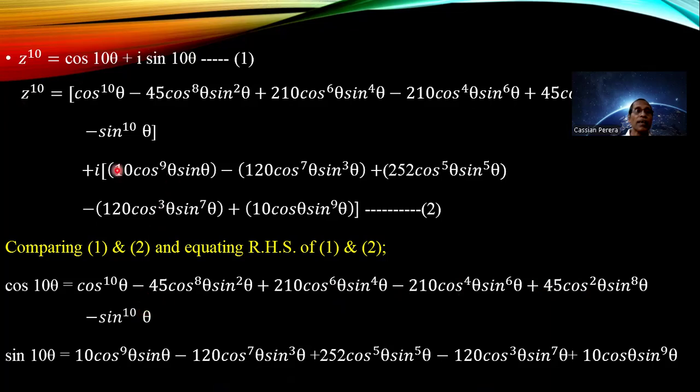And equating imaginary parts, here the imaginary part is sine 10 theta, and here the imaginary part is 10 cos to the power 9 theta sine theta minus 120 cos to the power 7 theta sine cubed theta plus 252 cos to the power 5 theta sine to the power 5 theta minus 120 cos cubed theta sine to the power 7 theta plus 10 cos theta sine to the power 9 theta.